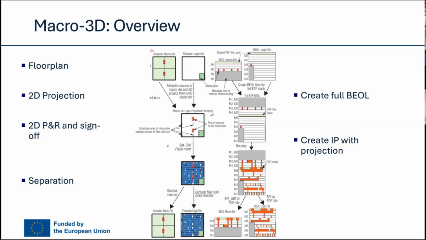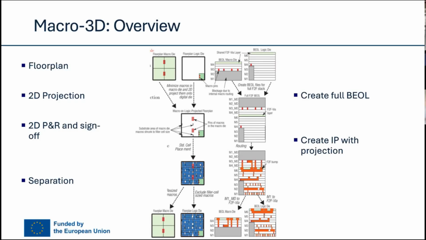If now we move to the right side, the fundamental steps that we have are, first, the flow planning, where we try to define what should go to the top die and what should go to the second one. Then we have the 2D projection step, where we project the pins of the top die into the lower one.